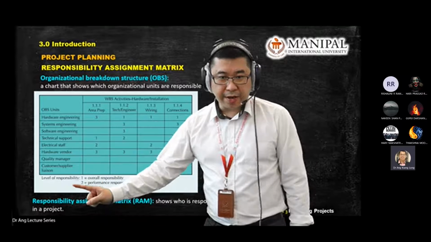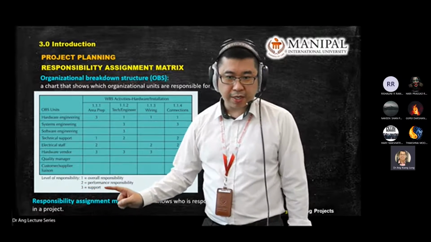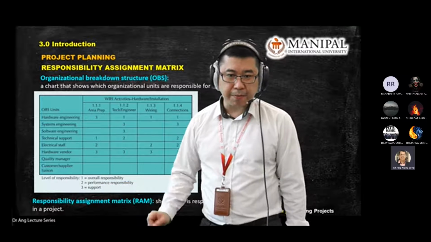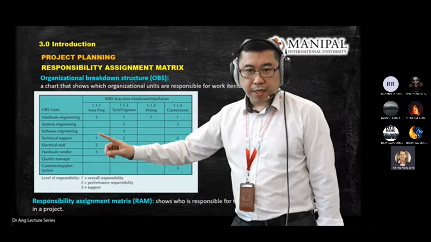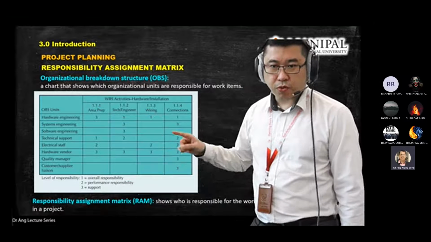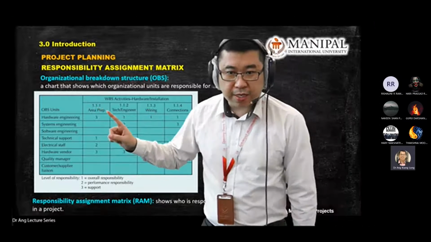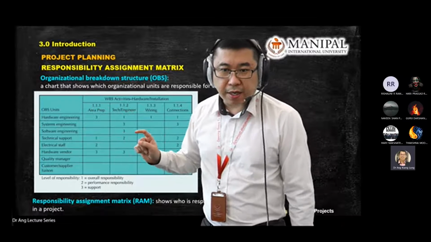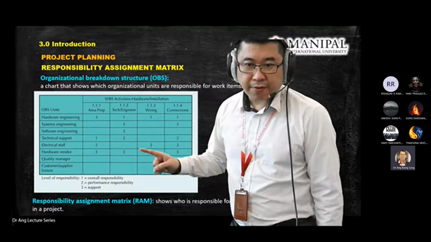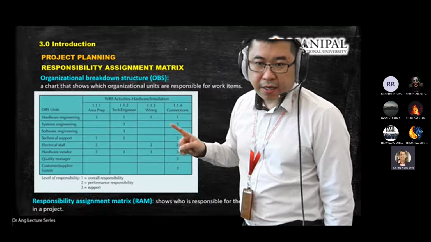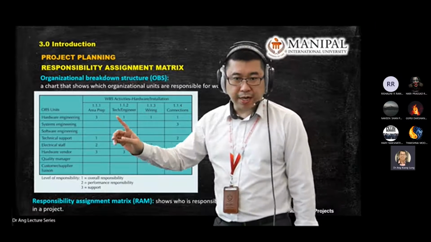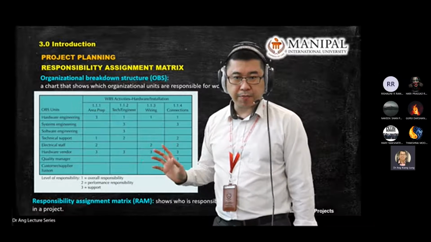And you have a level of responsibility 1 to 3: overall responsibility, performance responsibility, and support. And then you have columns 1, 2, 3, 4: area preparation, technical, staff, wiring, connector, and so on. So these are all the items that you can put in.